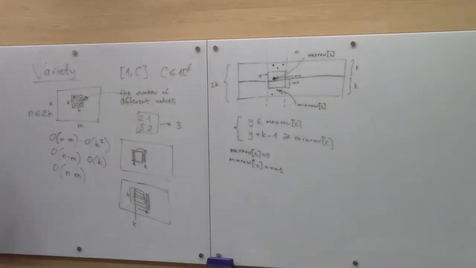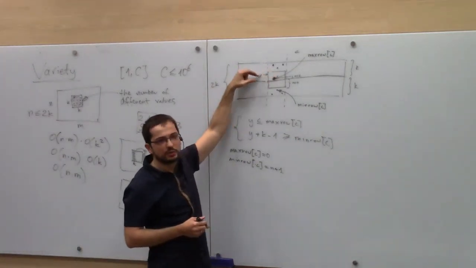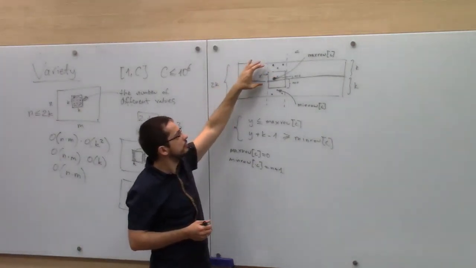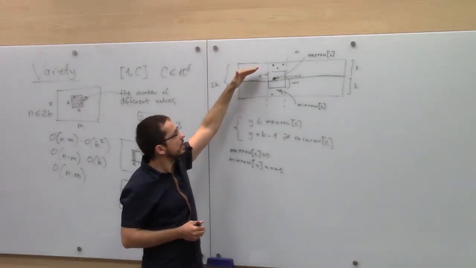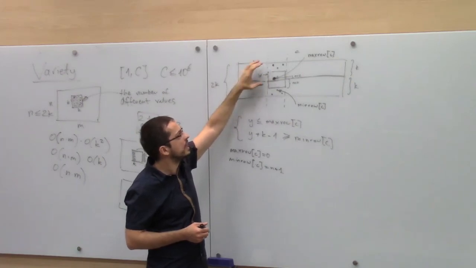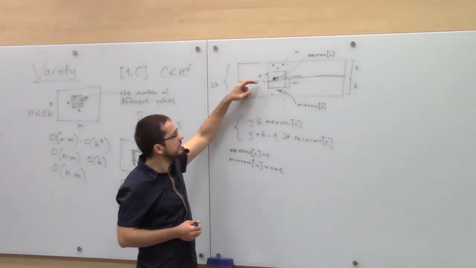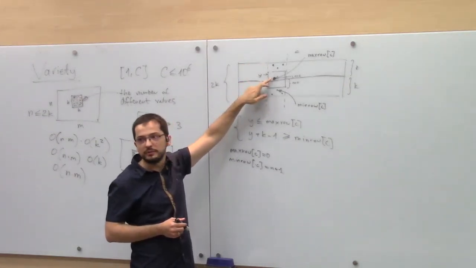Okay, and the answer is no, because when we look at the square here, if we have some elements in the upper strip, and if we put a square here, in order for this square to not have any of the elements in the upper strip, it needs to not have this lower element.